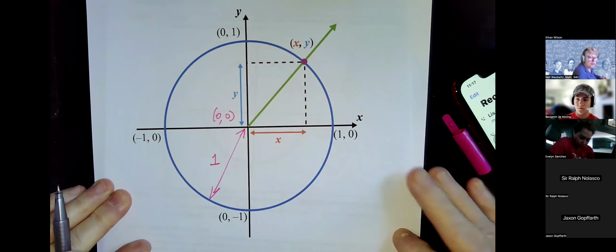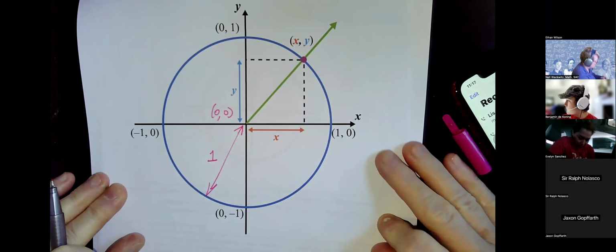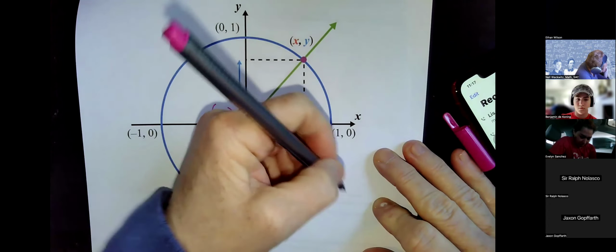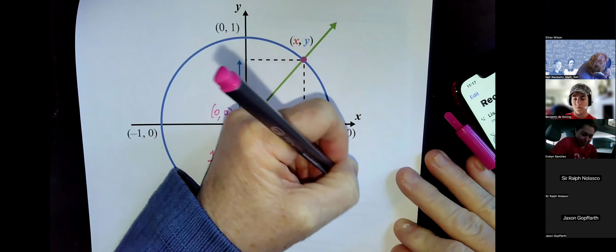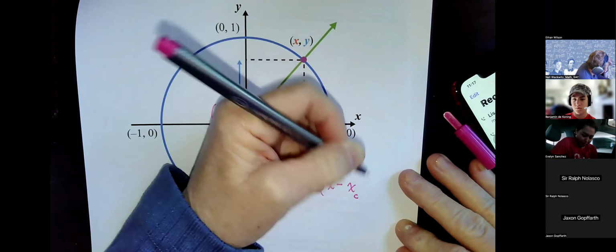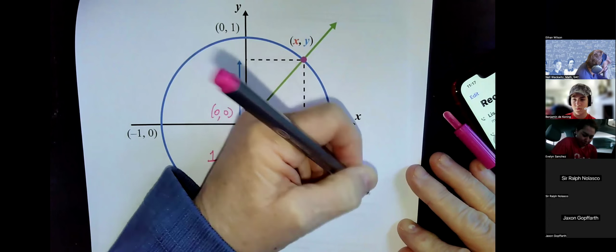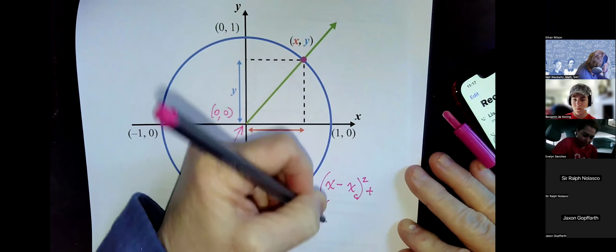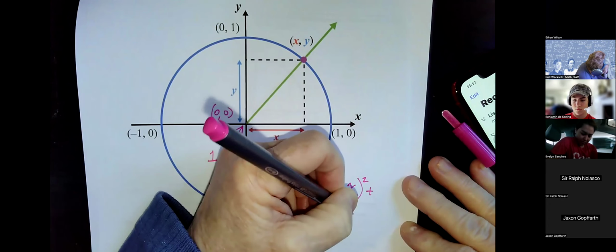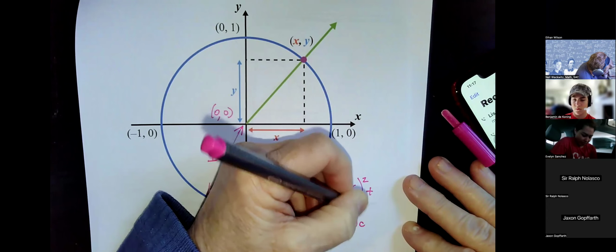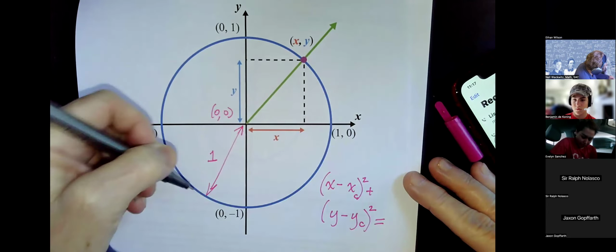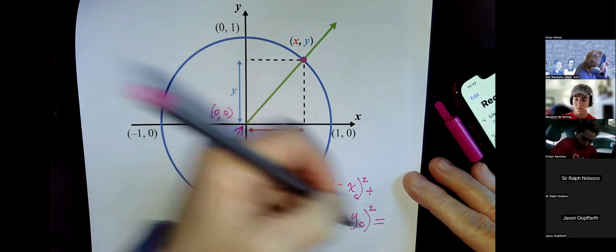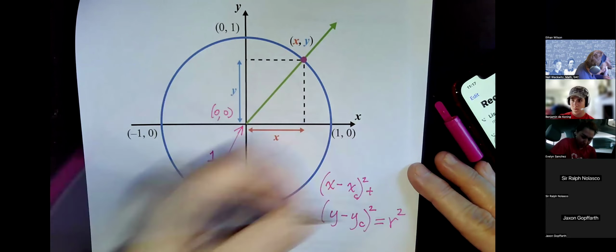The general formula for a circle is x minus the x coordinate of the center squared plus y minus the y coordinate of the center squared equals the radius squared.